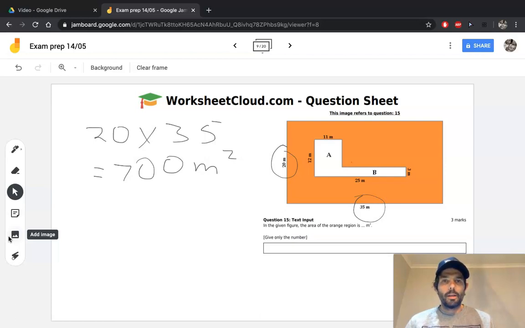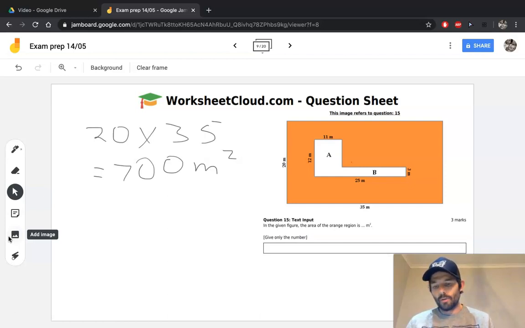Then we need to work out the area of that compound shape in the middle of the orange rectangle. And when you go over the lesson that we did on area of compound shapes, you'll remember that I said that you can divide that compound shape into separate two-dimensional figures, ones that you are accustomed to working out the area of, and you can do it that way.